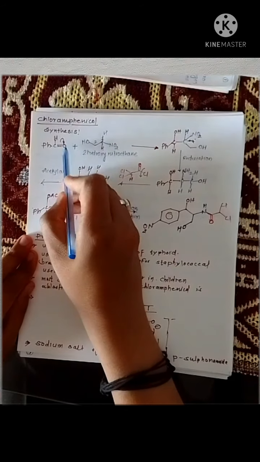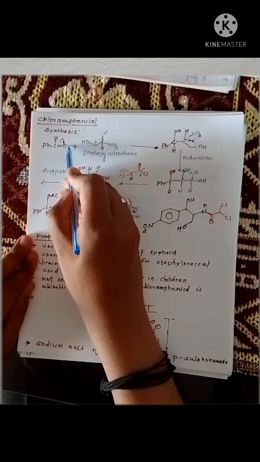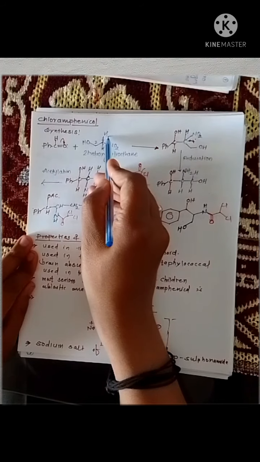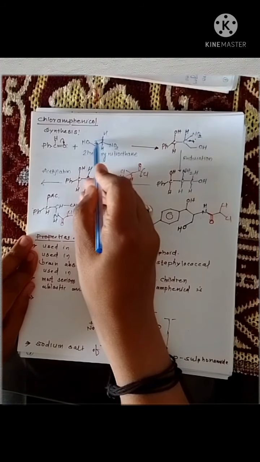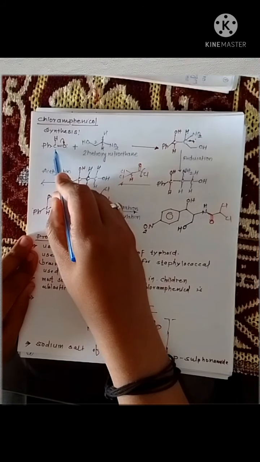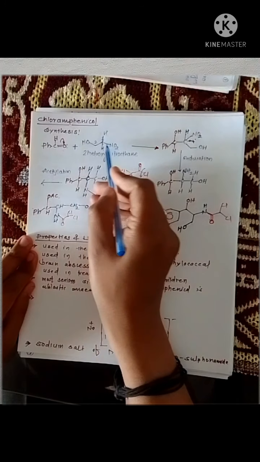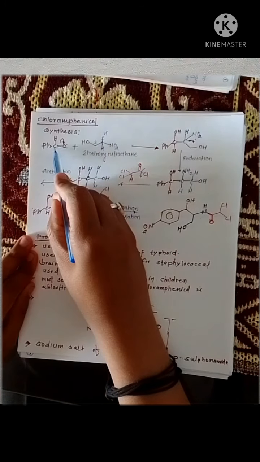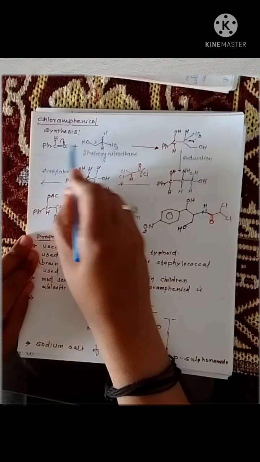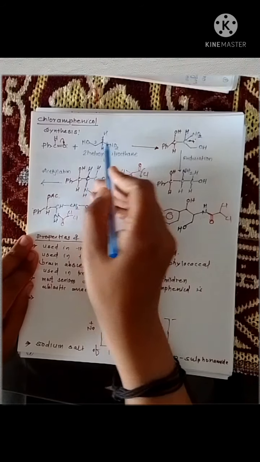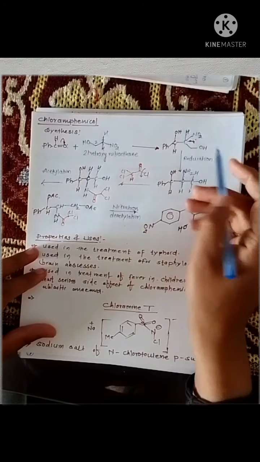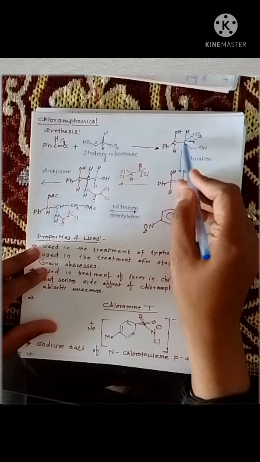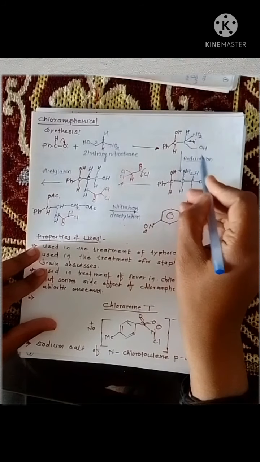That's why the lone pair of this oxygen takes away one of the hydrogens, and this whole part is joined to this carbon atom. So what we basically want to say is that this carbon and this carbon form a linkage, and both molecules are clubbed together. In the next step we are going to reduce this molecule.